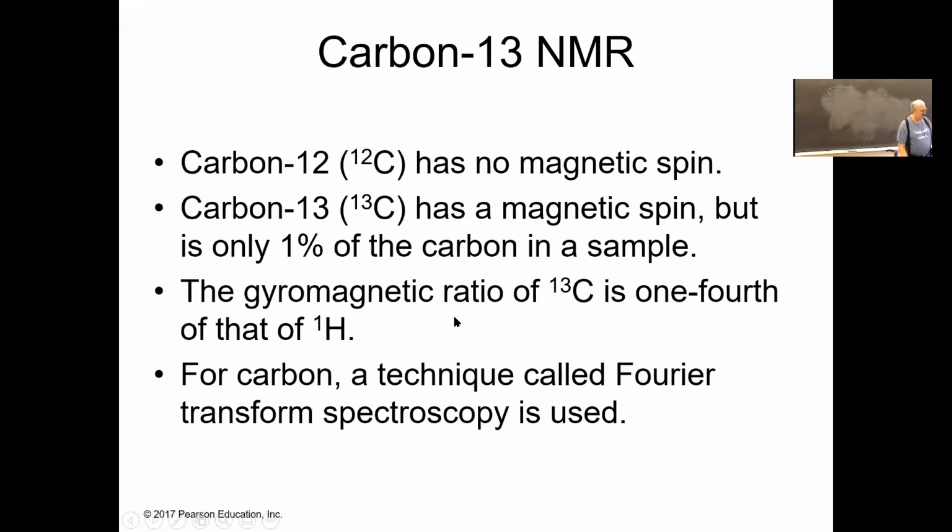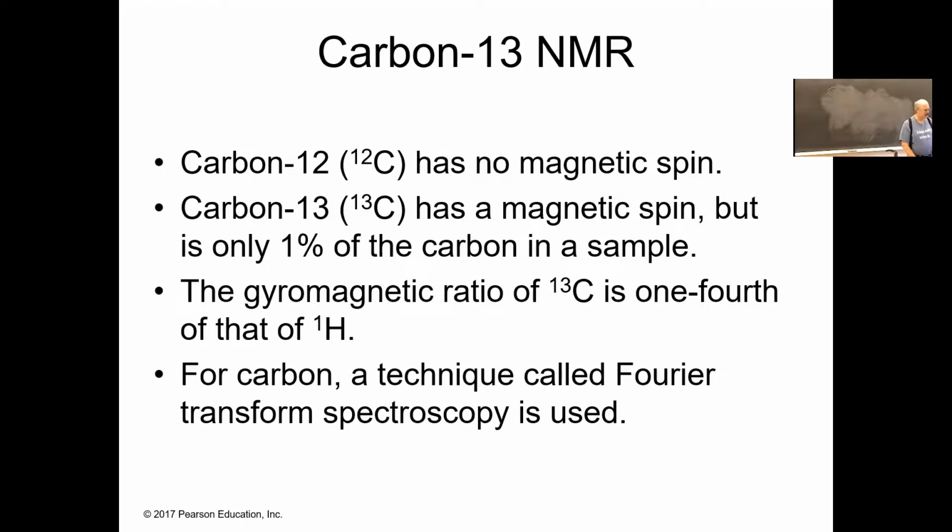Okay, another difficulty is the gyromagnetic ratio. That's a proportionality constant between the magnetic field and the energy, and it is only about 1/4 that of the proton. And so for this reason, many years ago, a technique called Fourier transform spectroscopy is used.